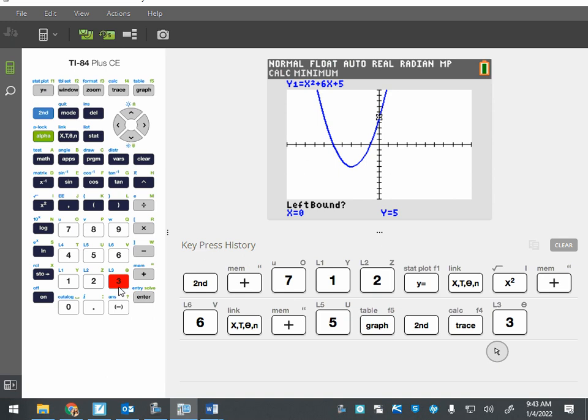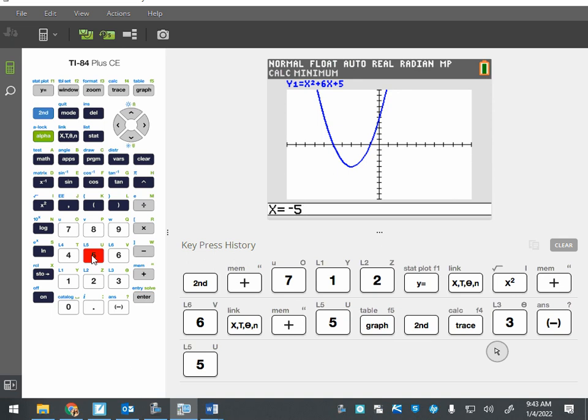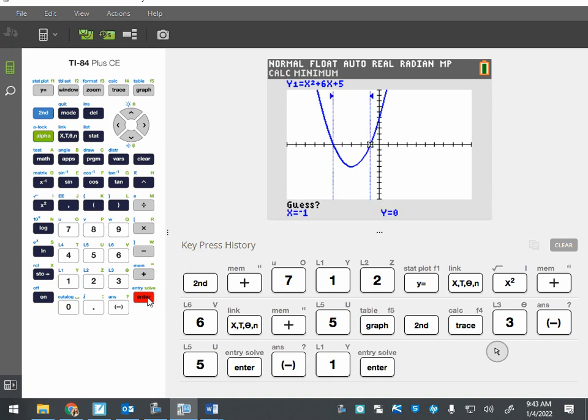So I'm going to use my -5 here. Type in -5, hit enter. Then it says right bound. I'm going to type in my right x-intercept, or an x value to the right of that minimum, which is -1. Then it says guess. You're not done yet. Hit enter. You're done when it says minimum.